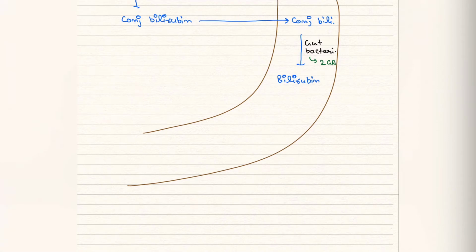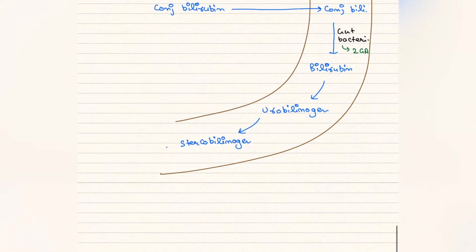Now this bilirubin will convert into urobilinogen, and this converts into stercobilinogen, and this stercobilinogen will be excreted through feces.